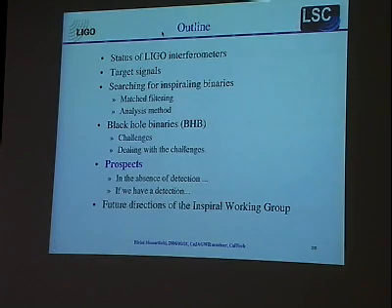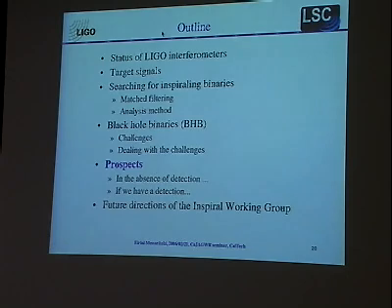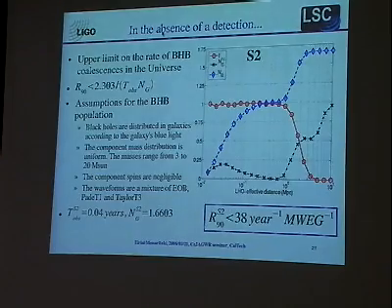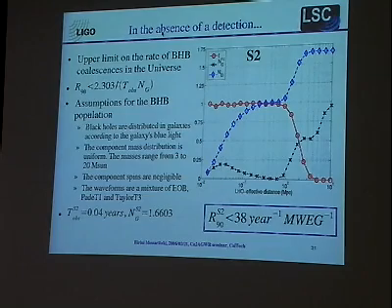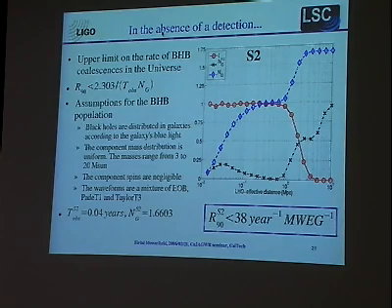Okay, so what can you expect from the black hole searches in the future? There are two cases, of course: the case in which we do see something and the case in which we don't see anything. So if we don't see anything, what information can we get? What astrophysics can we do? We can calculate a rate upper limit for black hole binaries in the universe.